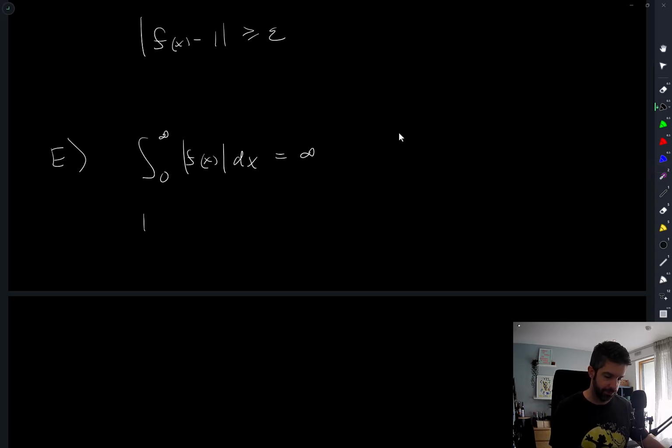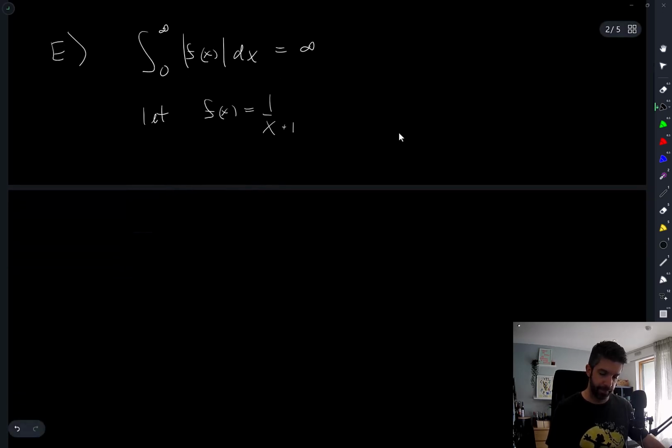But let's let f of x be equal to 1 over x. To avoid the problem at 0, let's go 1 over x plus 1. So this integral is infinity.